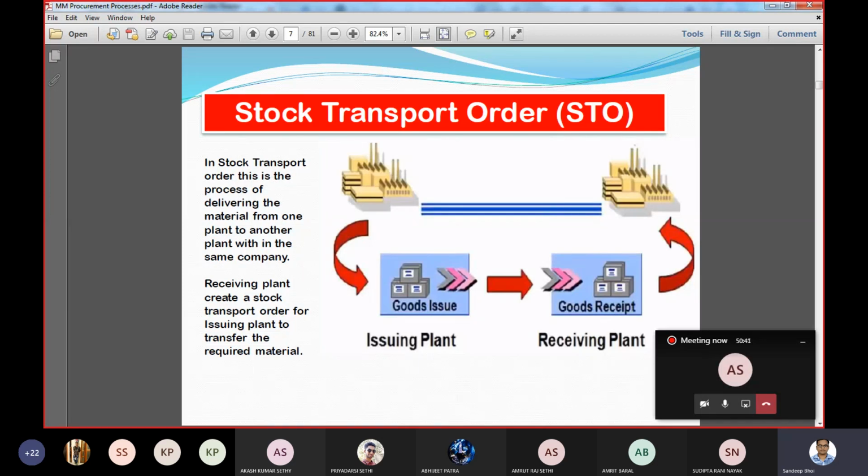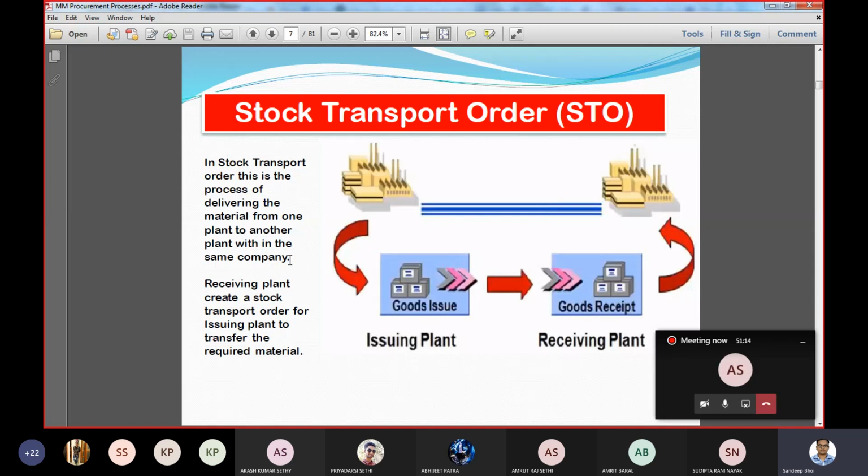So there are some special types of procurement processes, like the stock transport order. This is one of the special procurement processes. In the stock transport order, the material is delivered from one plant to another plant within the same company.